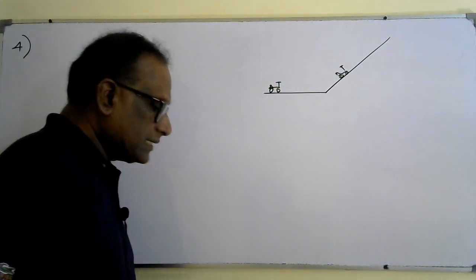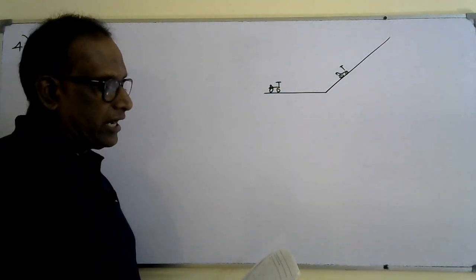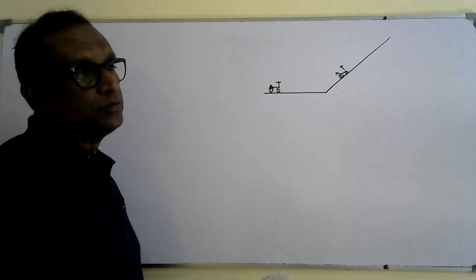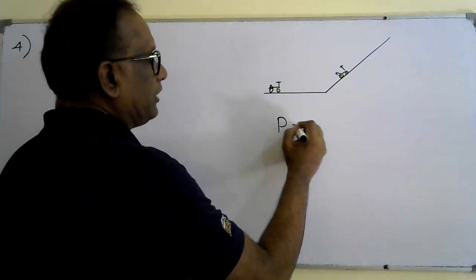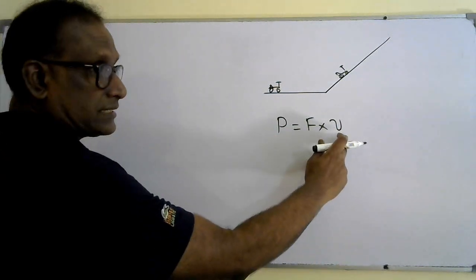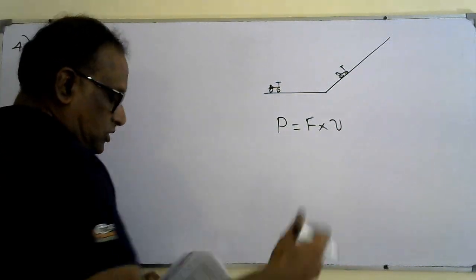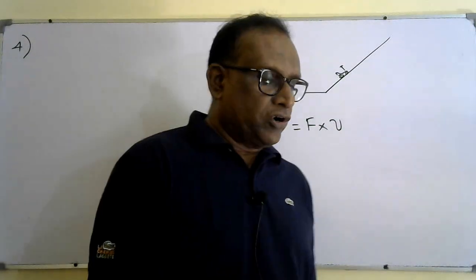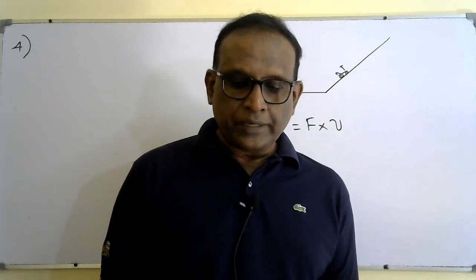Which of the following graphs shows how the power output? We know that power is equal to force times speed. So it's moving at constant speed. That's power output P of the cyclist.